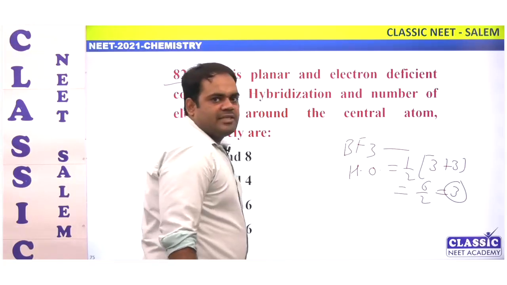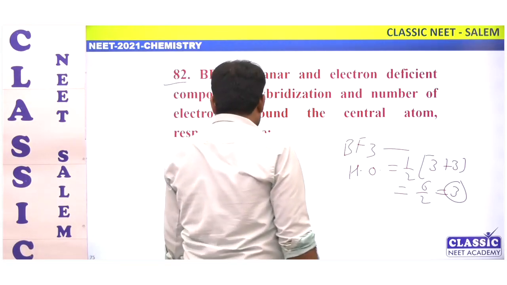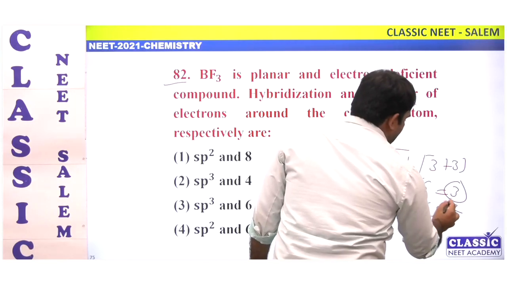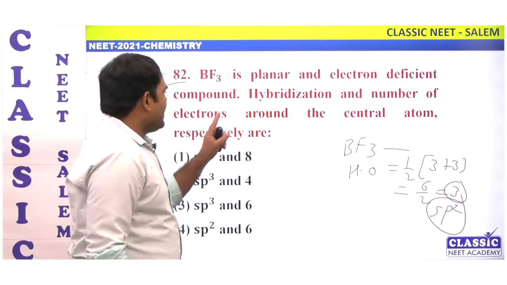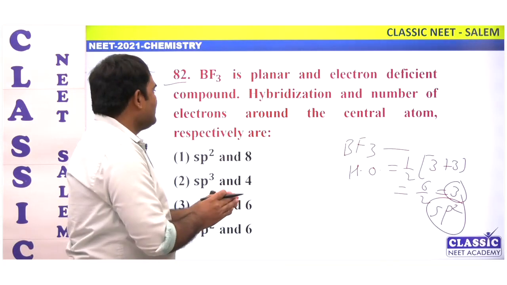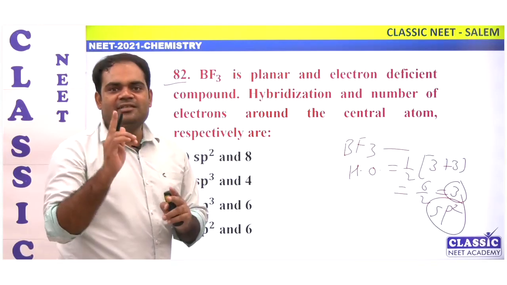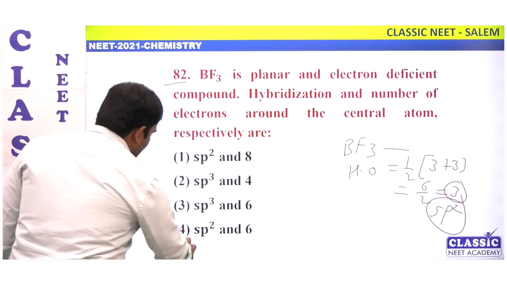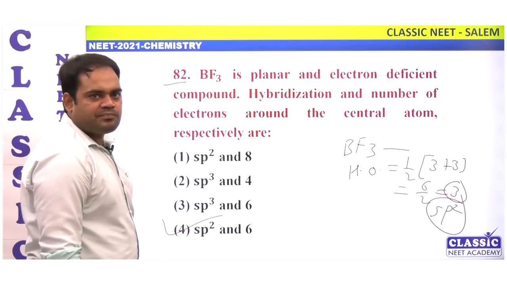So the hybrid orbital number is 3. So what about the hybridization? That is sp2. He is asking what is the hybridization and how many surrounding electrons. There are 6 surrounding electrons. So sp2 and 6. So the fourth one is our correct answer.